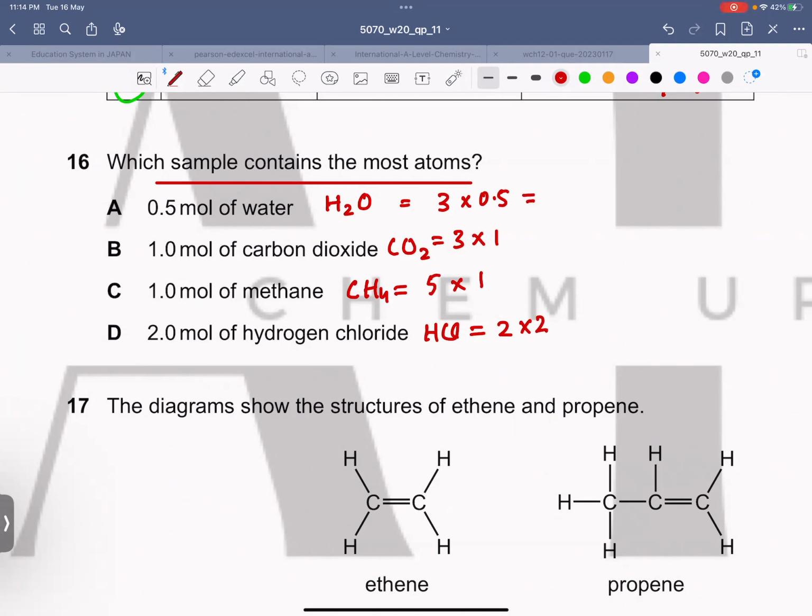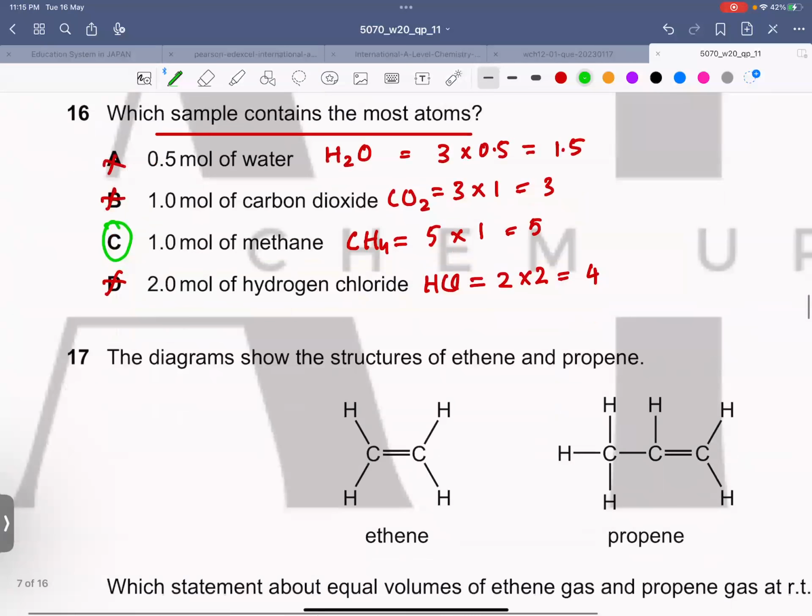So here you would get 1.5, here you would get 3, here you would get 5, and here you would get 4. So C is the correct answer. A, B, and D are wrong ones. Is it understandable? Yes. Yes, Hassan, is it clear to you as well?